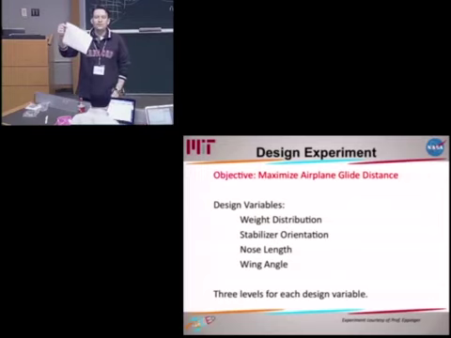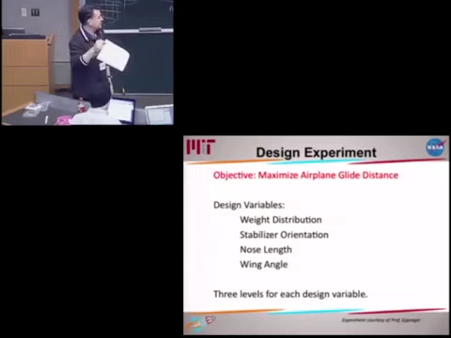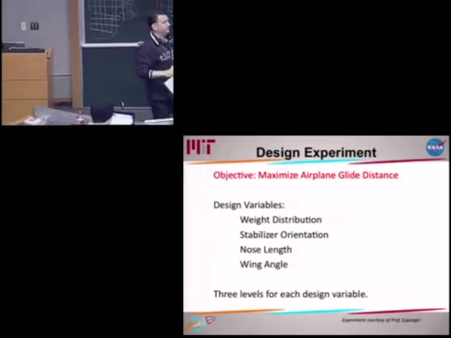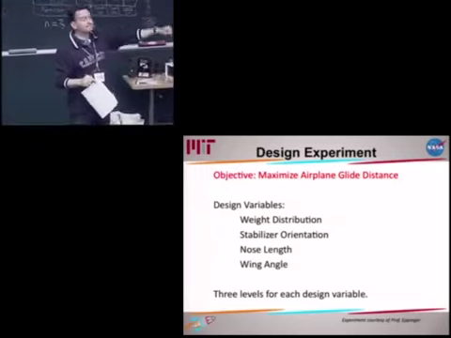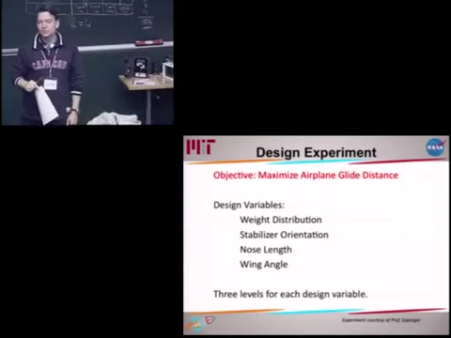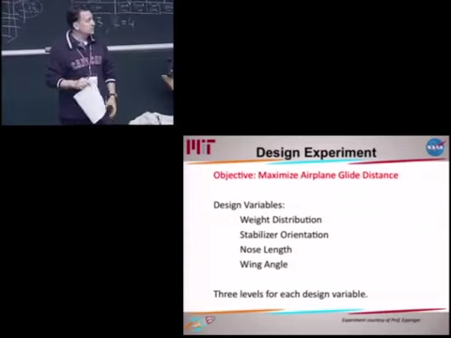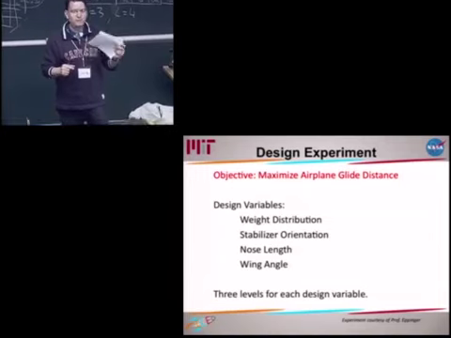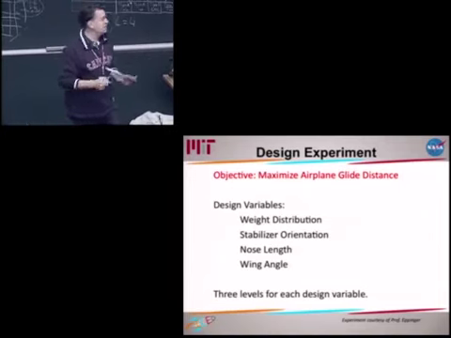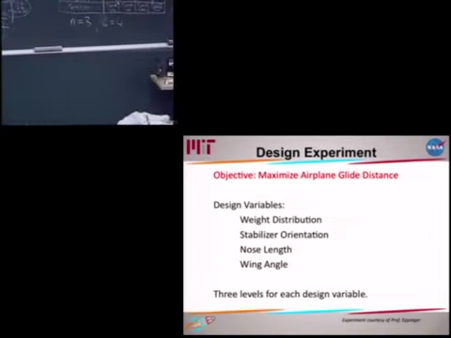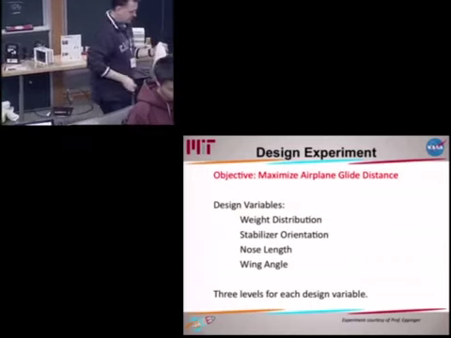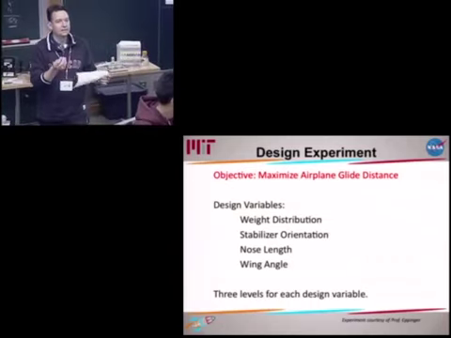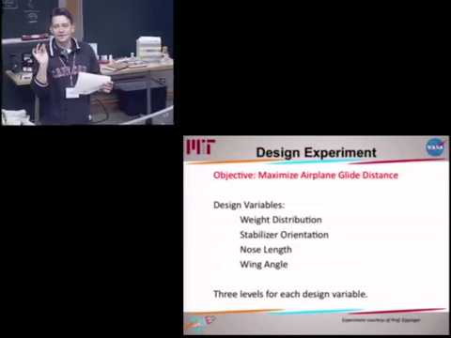There are different ways you can fold or make a paper airplane. What we're interested in is obviously to find the one that flies the furthest distance, but we don't quite know which one that would be. So there are 4 different factors to make this paper airplane. The weight distribution, factor A: where do you put the paper clip?